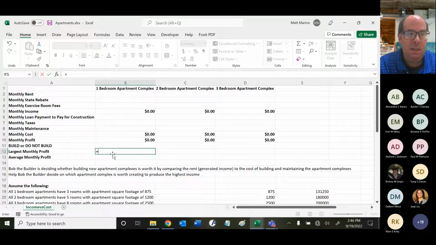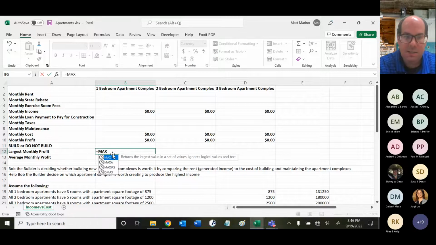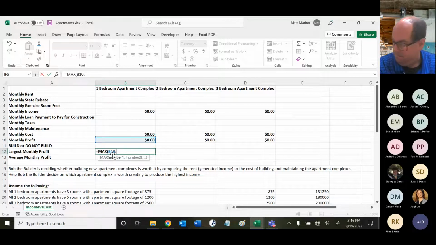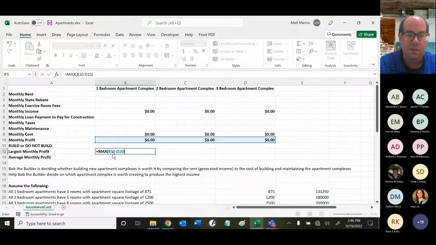So in cell B12, type in equals max, and do the range of B10 colon D10, which will give us our highest monthly profit once we finish that example.